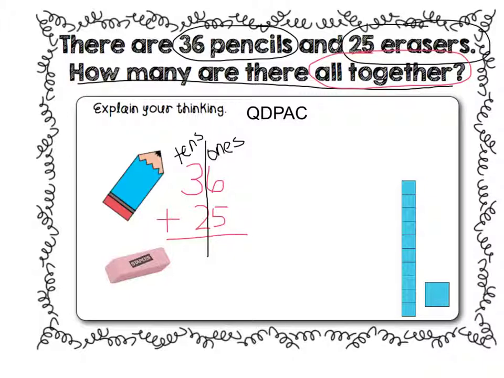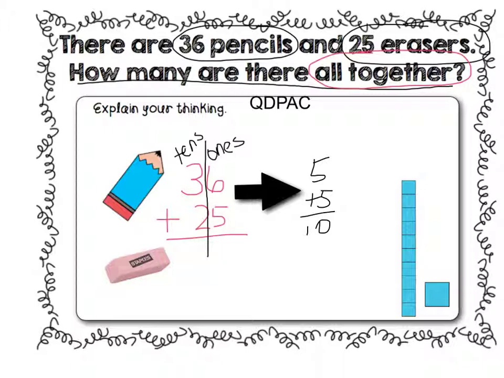I know that 5 plus 5 is 10, plus 1 is 11. So 6 plus 5 is 11. The 1 is in the ones place, and this 1 is in my tens place, so I'm going to carry it over to my tens place.